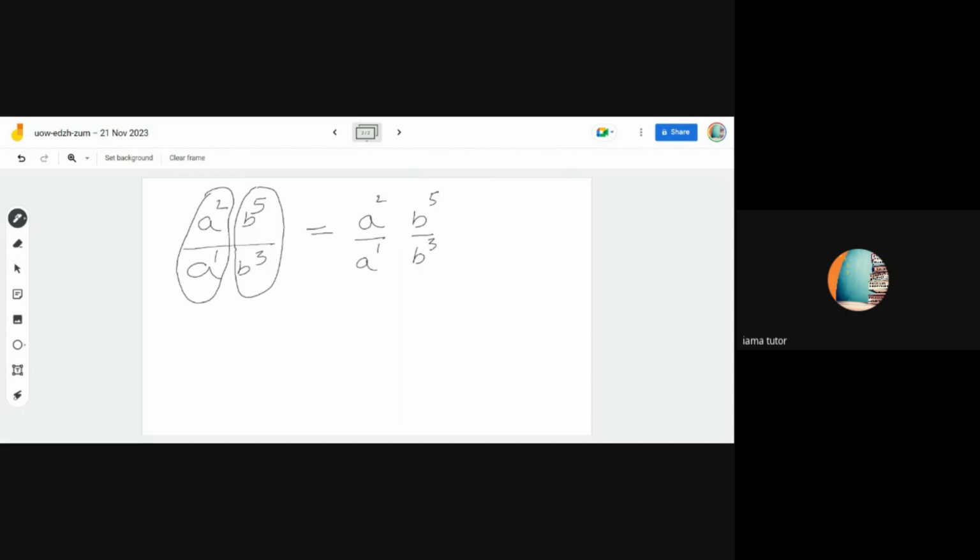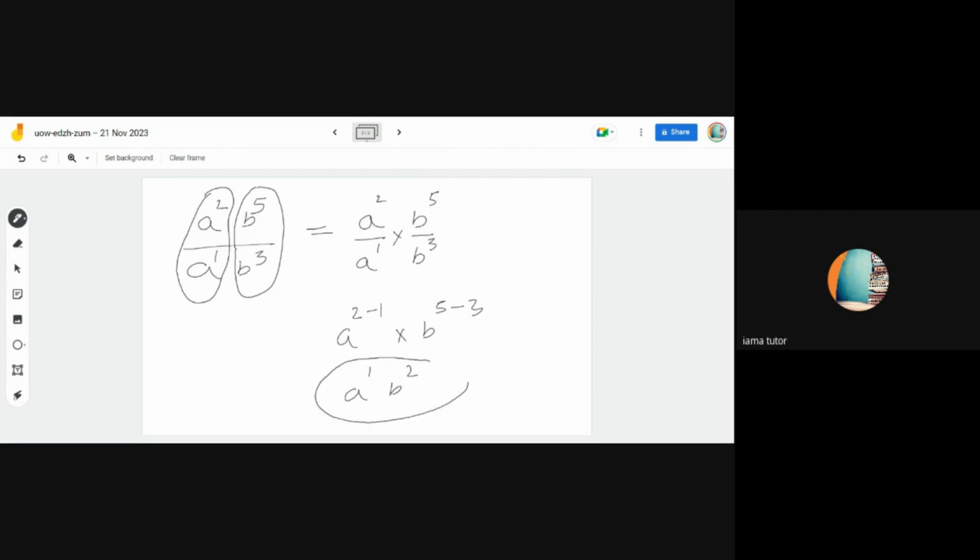We just group these together, and in between you can write times or multiply, because if there is no operator in between, it means multiplication. Now simply apply the division rule. You will get a raised to power 2 minus 1 times b raised to power 5 minus 3, and that gives you a power 1 and b power 2.